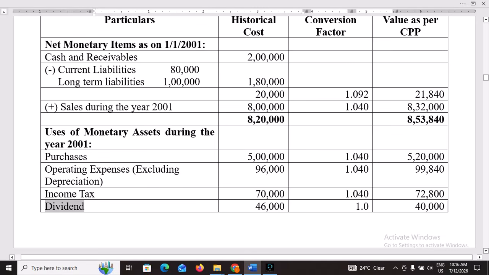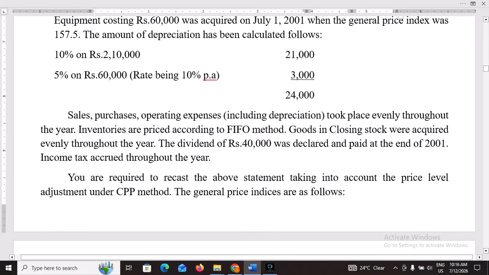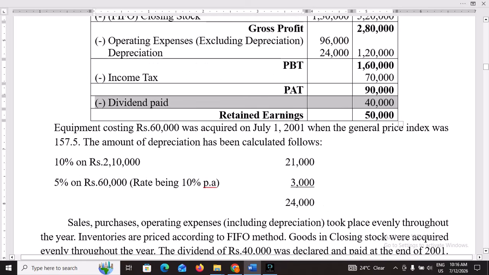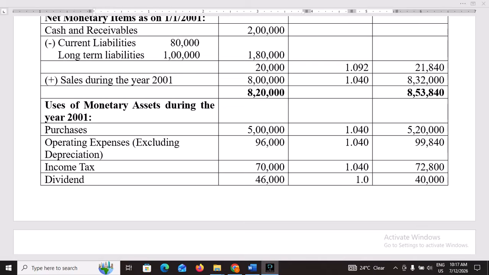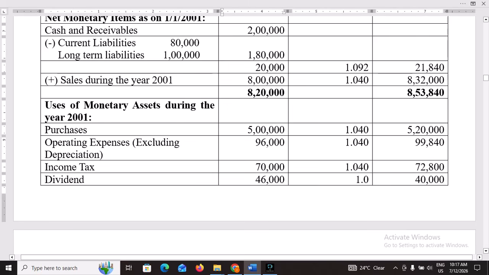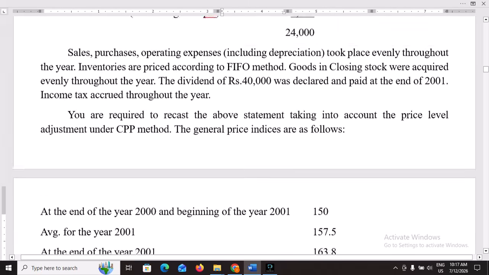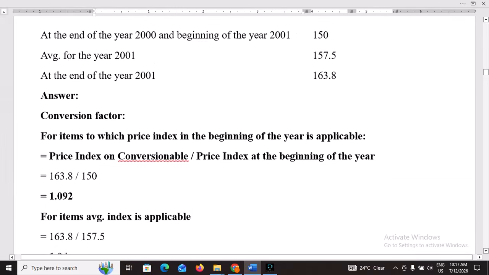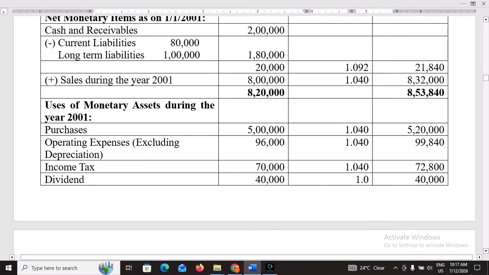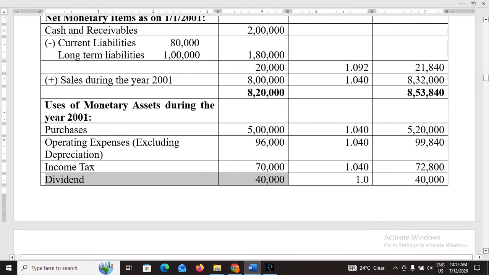Sorry, dividend paid, 40,000 or 46,000, just wait. Okay, sorry, my mistake, it is 40,000. But for dividend, average rate is not applicable.